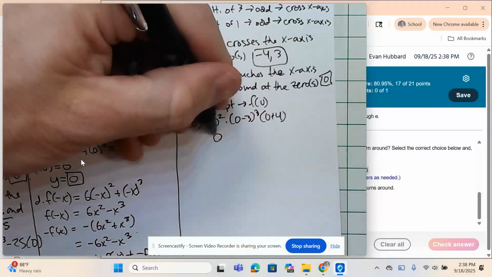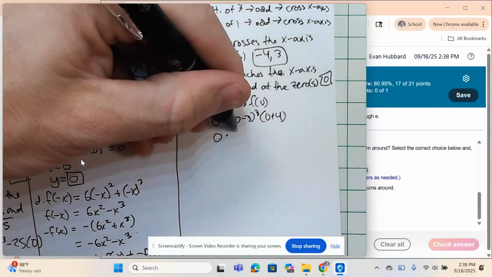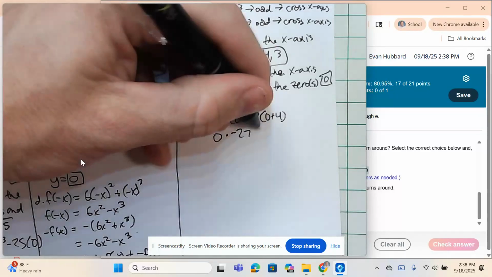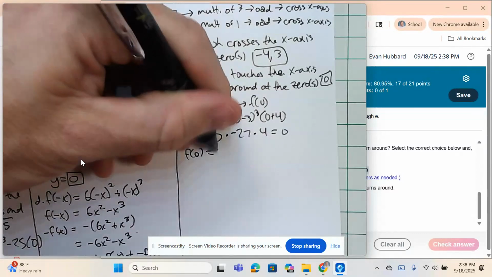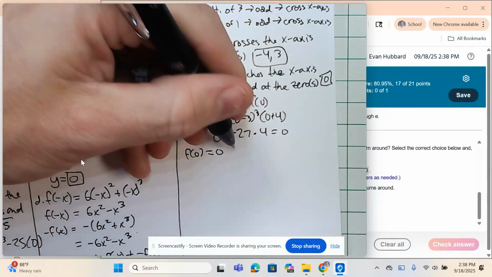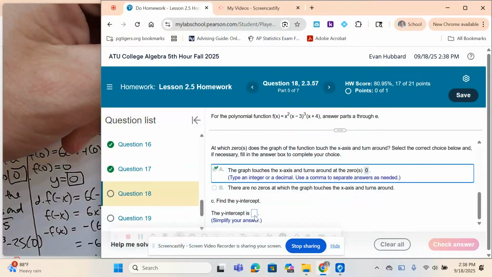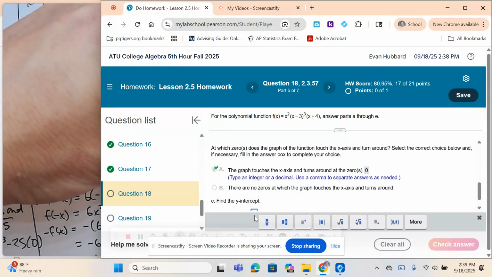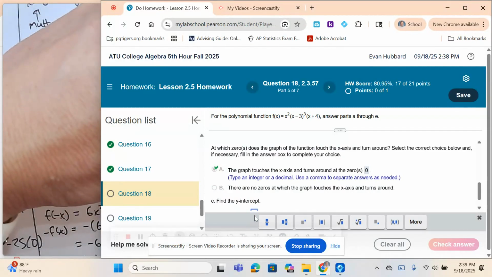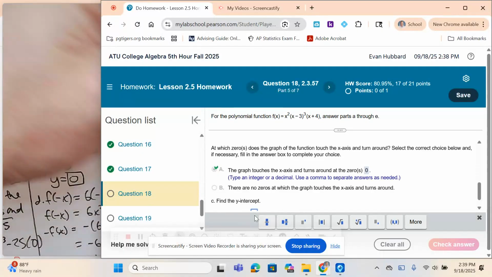So 0 squared is 0, times -27 times 4, which is 0. So f of 0 is equal to 0. The y-intercept is 0.